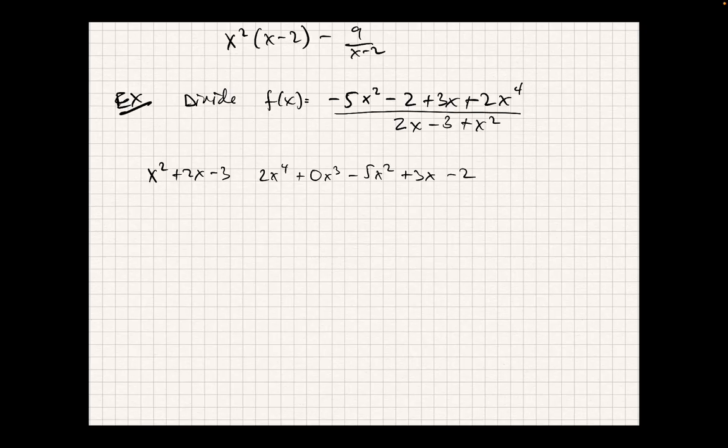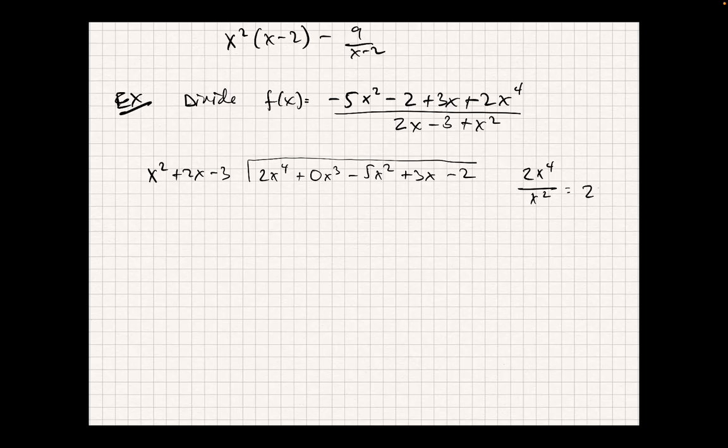Did I make a mistake? No. And what do I do in my scratch area? 2x to the fourth divided by x squared. Why? Because it's the first term divided by the first term. You don't say you don't know what to do, you totally do. 2x to the fourth over x squared gives me what?